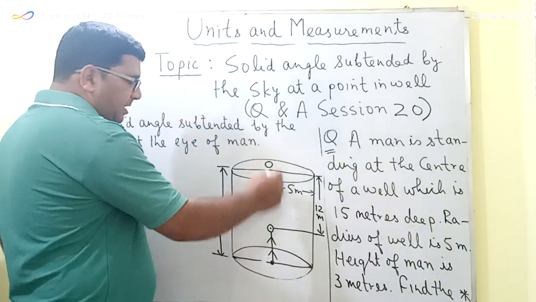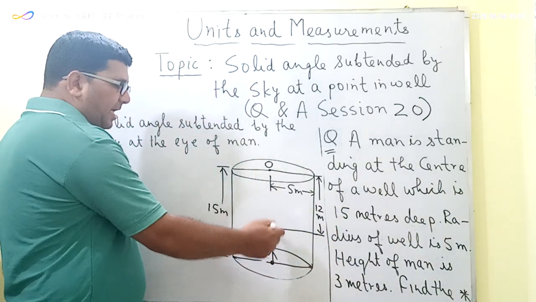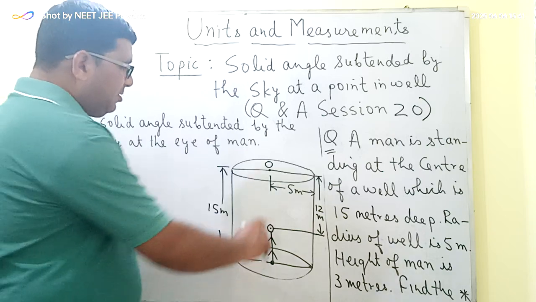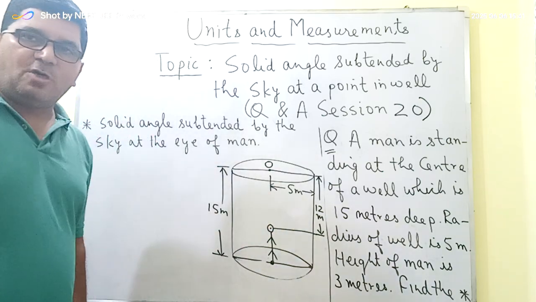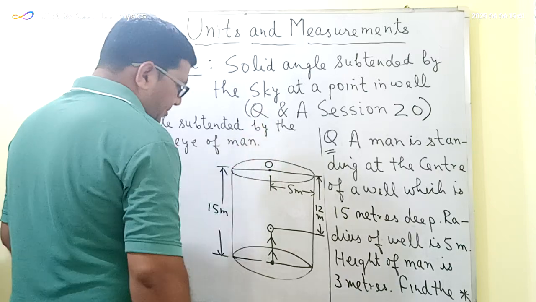Because the depth of the well is 15 meters and the height of the man is 3 meters, the distance between the eye of the man and the center of the top of the well surface will be equal to 12 meters.